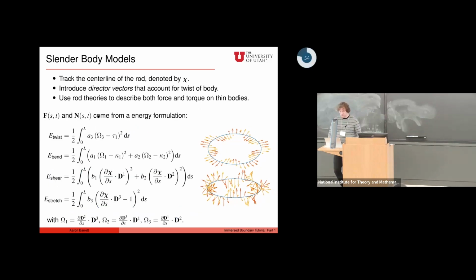I think these are slightly different than what she showed, in particular the twist. But there are twisting energies, there are bending energies associated with it. So we're trying to hit a certain curvature of our structure and a certain twist of our structure. And then we also have shearing and stretching. And then you can compute forces associated with those energies by taking appropriate derivatives.